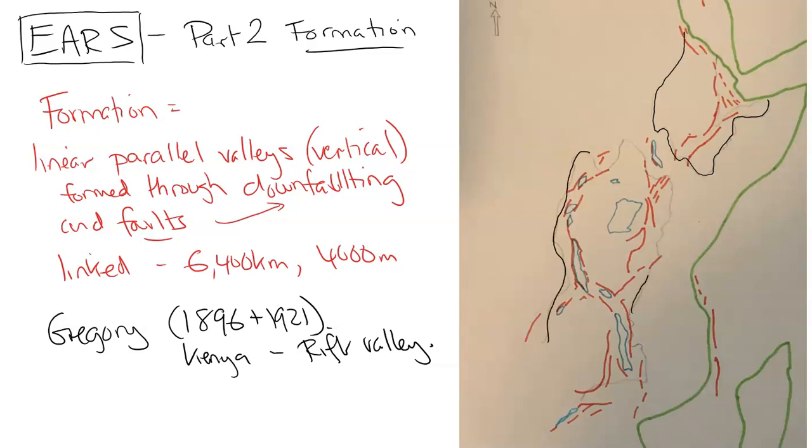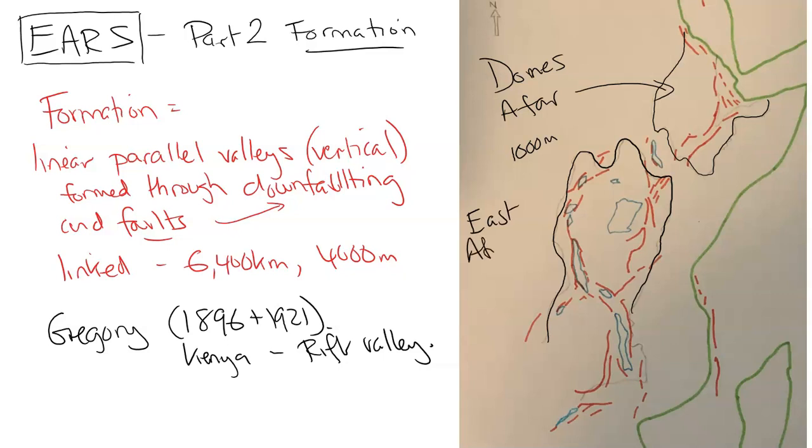Now, these are basically contour lines of 1,000 meters elevation, and they outline the two domes. You have the Afar Dome in the north, and you have the East African Dome right here in the south. It could also be called the Kenya Dome.